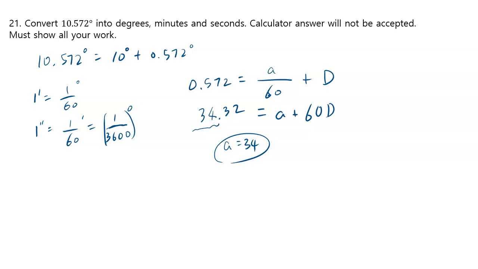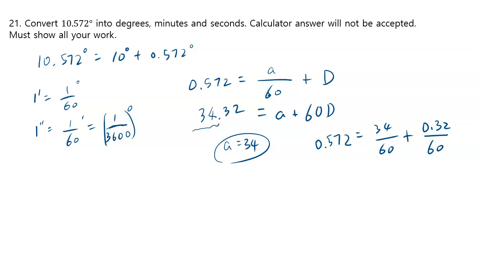So here's what we have. We see that 0.572 is like 34 over 60 plus a decimal part, and 60 times d is the decimal part of this one, so it's 0.32 divided by 60.